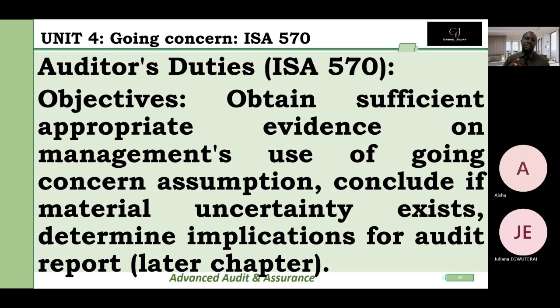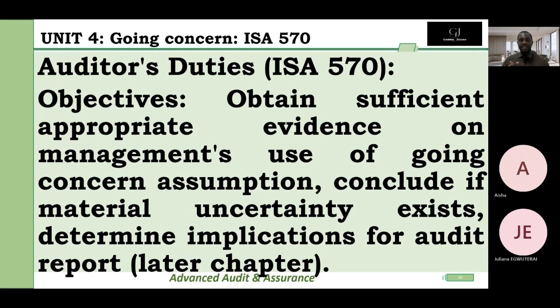So the auditor's duty based on ISA 570 is to obtain sufficient appropriate evidence. So for every ISA, don't forget this phrase, you need to obtain sufficient appropriate evidence, documented, not verbal, not word of mouth, and ensure that management's use of the going concern assumption as provided in the financial statements is appropriate, and conclude if material uncertainties on the financial statements exist.